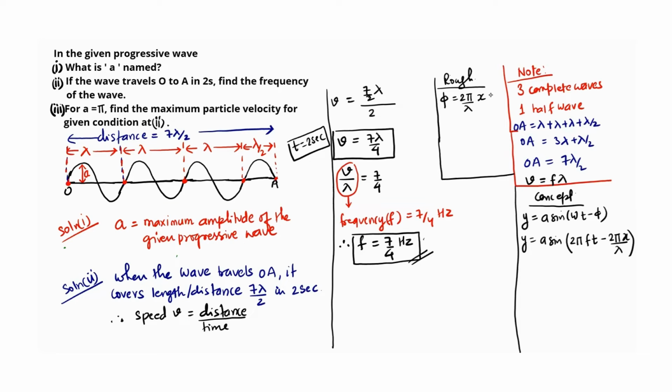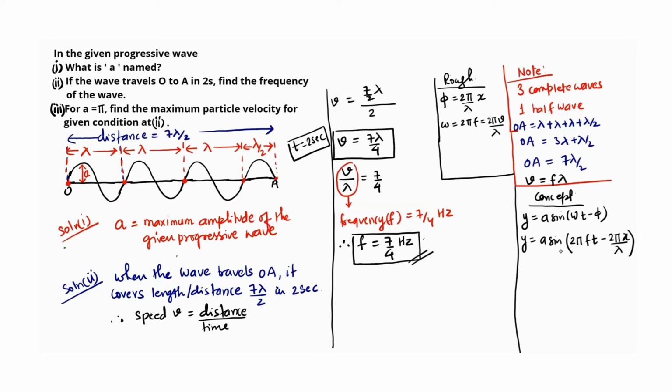In most of the texts we find delta phi equals twice pi by lambda times delta x. And we know omega equals twice pi f, and frequency f equals v by lambda.